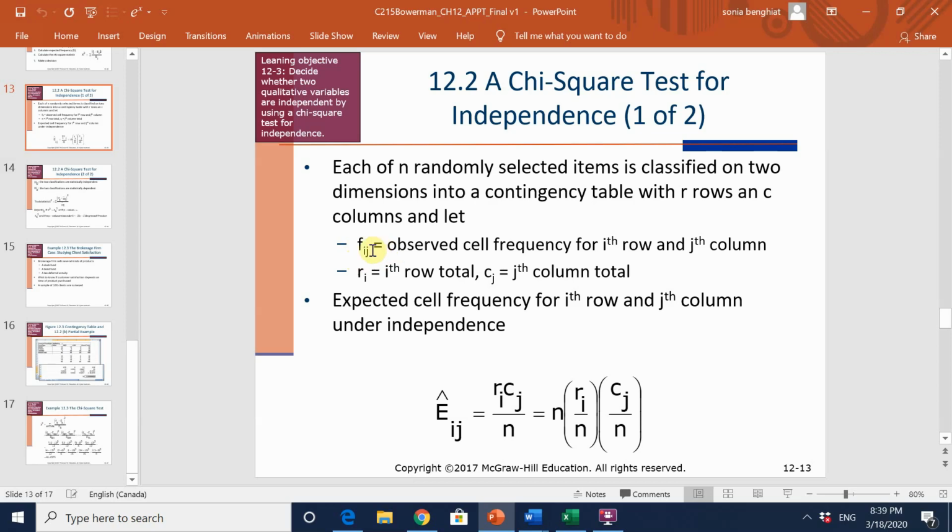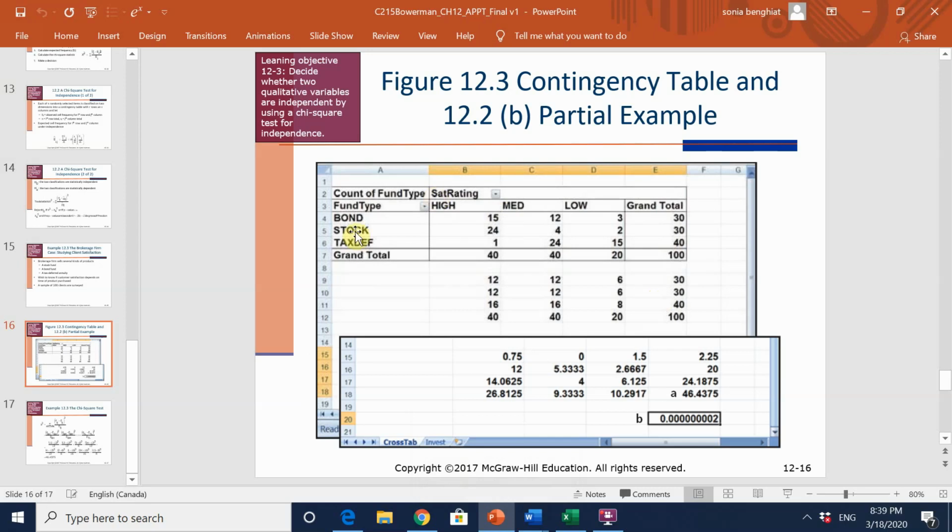So say F12 would mean that I'm looking at the frequency count for customers who have a fund type of bond, the first category in fund type, and the level of satisfaction here would be the second level, so medium. So in fact, I would be looking at cell 1, 2, which would be this one right here. This gives me the actual observed frequency count.